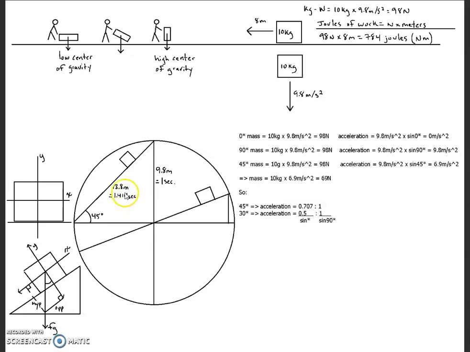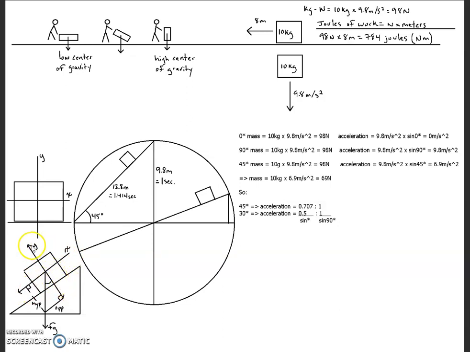So what we want to do here is get everything into their vectors. So if we're just sitting flat to the surface, we have our x-axis and our y-axis. Now if we're sitting on an inclined plane, the x and y now are on the same angle as the plane.